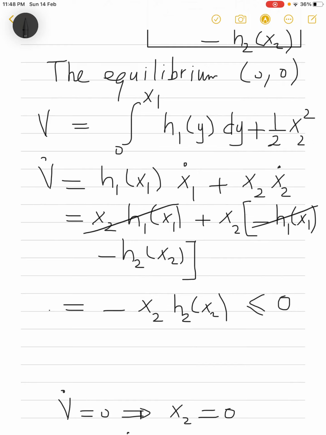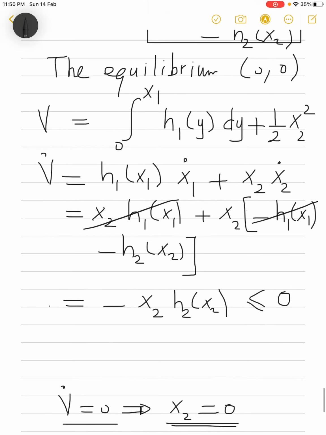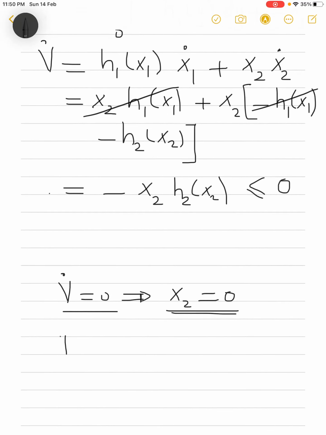So in order to verify the equilibrium point at the origin is asymptotically stable, we try to look at the set where V dot equals 0. And of course, V dot will be equal to 0 when x2 equals 0. So let us define the set D, where the magnitude of x1 is less than a and magnitude of x2 is less than a.